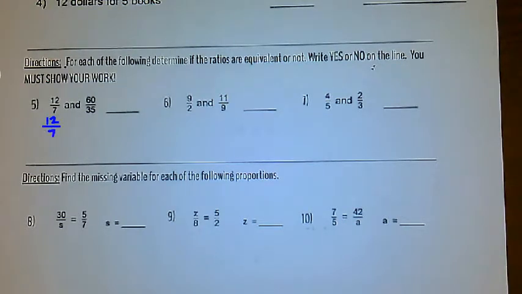Can't simplify that anymore. And then 60 and 35, each of those are divisible by 5. So let's divide them by 5. Okay, so 60 divided by 5 is 12, and 35 divided by 5 is 7. So that actually does work.